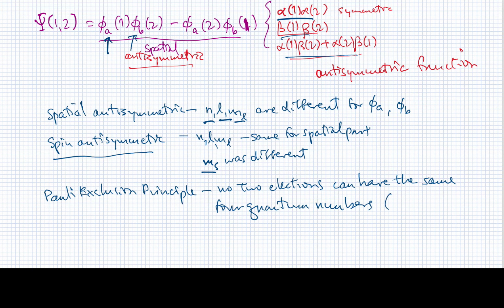All right, and those four quantum numbers are n, l, m sub l, the projection of l on the z-axis, and m sub s, the projection of s on the z-axis.